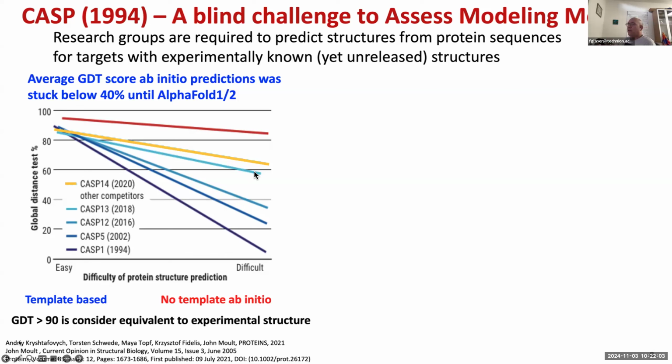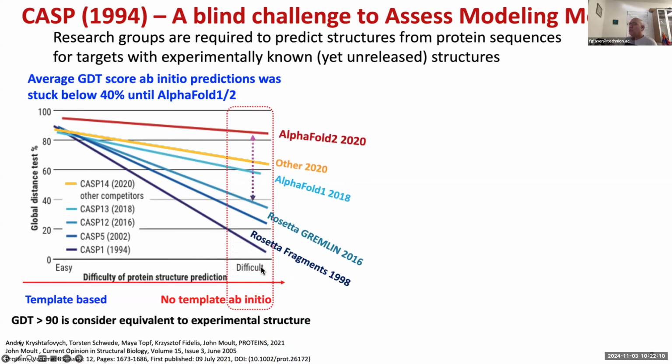This shows the advance from 1994 to AlphaFold 2 in red. In 2020, the average GDT for AlphaFold 2 is basically 85 or 90. So they basically solved the problem. They are almost as good for ab initio modeling, which doesn't use any template, as for template-based modeling. But this was a very slow process.